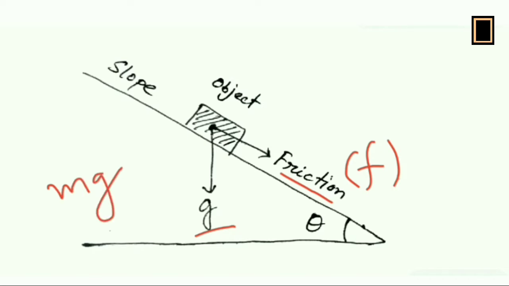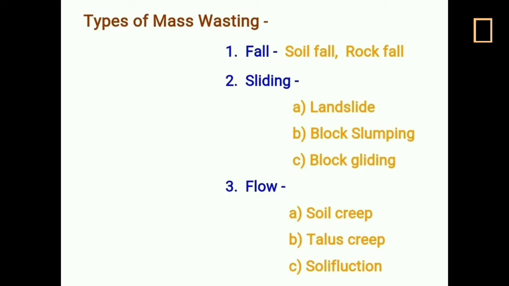Sometimes gravitational force is greater than the frictional force depending upon the angle. So, by the gravitational force, the object moves down from the top to the basal slope of the hill, and by such a process mass wasting occurs.